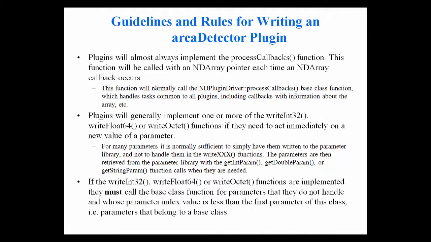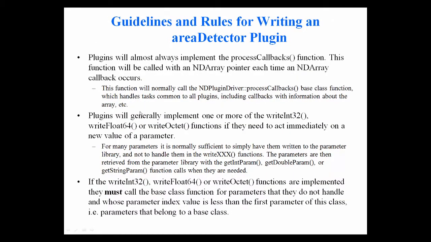Not callbacks of the array itself, but callbacks with information about the array, like the number of dimensions and the data type and the timestamp, and all of that is done in that base class. But there may be times when you decide whether you really want to call that right at the beginning of your callback function, or you want to call it later for some reason. So it isn't done automatically. It is at the discretion of the plugin writer.